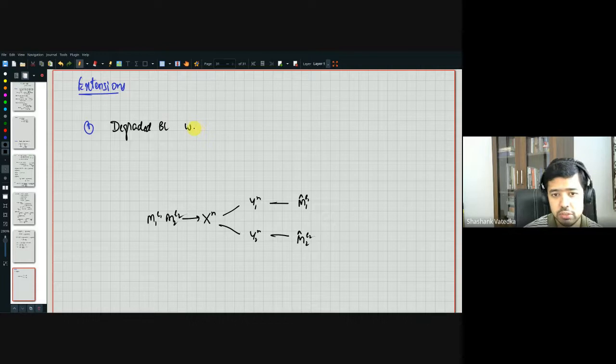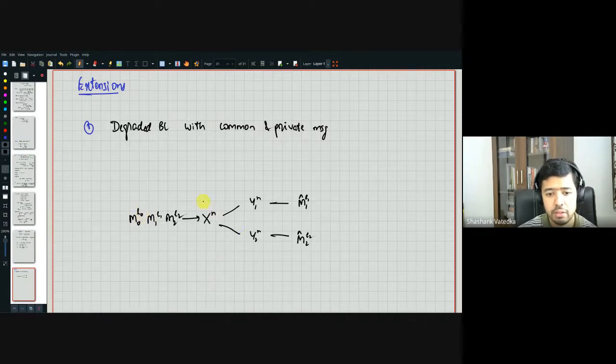Now, what if in addition to this, you also have a common message? Suppose in addition there is also an M0, maybe this has L0 bits. So there are three messages, M0, M1 and M2. User 1 has to decode M1 and M0. User 2 wants to decode M2 and M0.